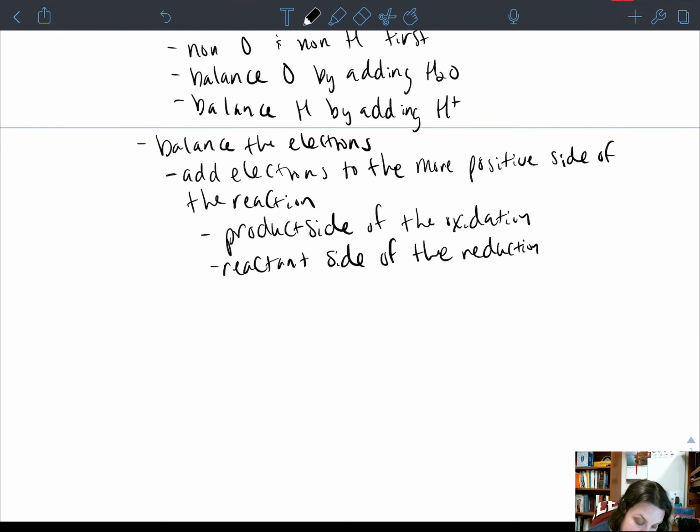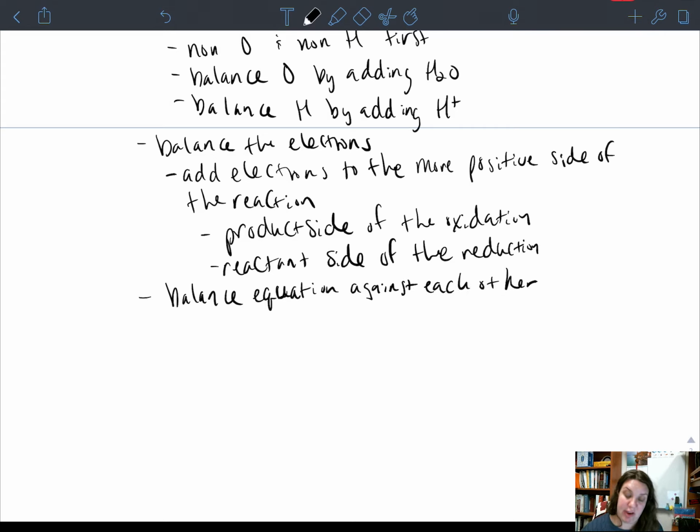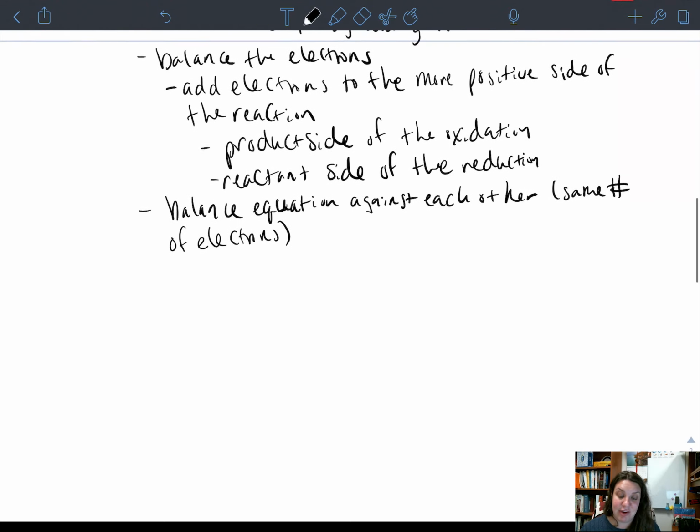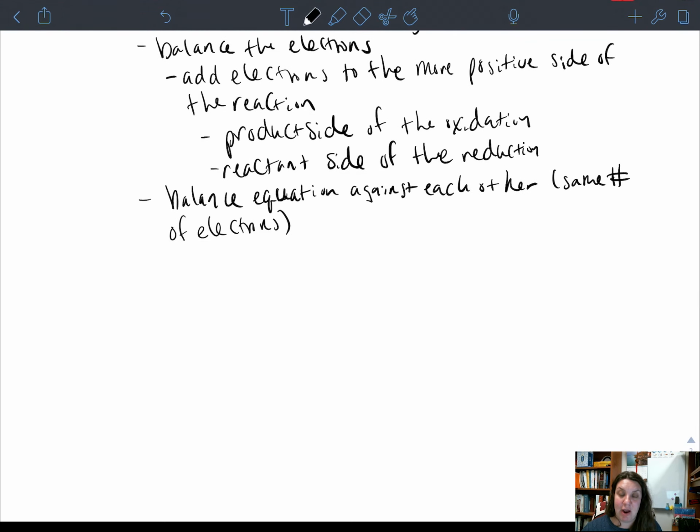Then you're going to balance the equations against each other. So we want both of them to have the same number of electrons. Because whatever electrons are lost by the oxidant are being consumed by the reductant, so you have to have both.